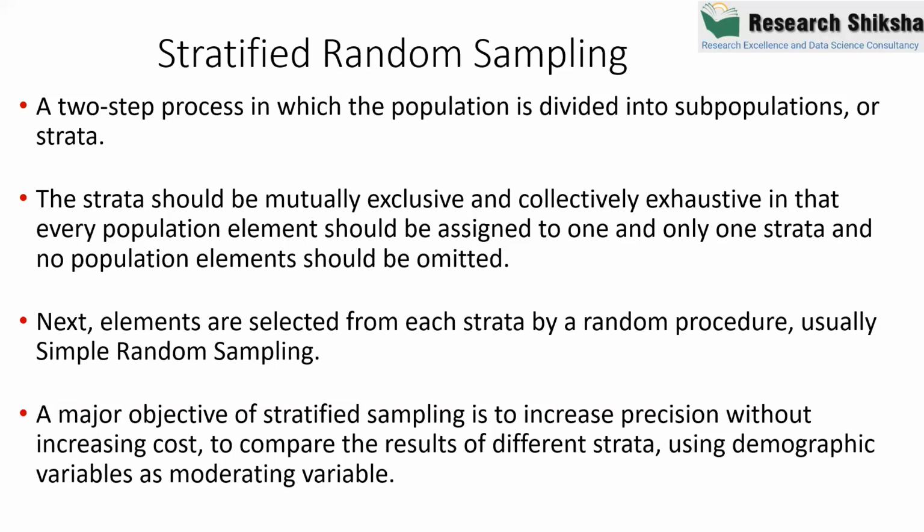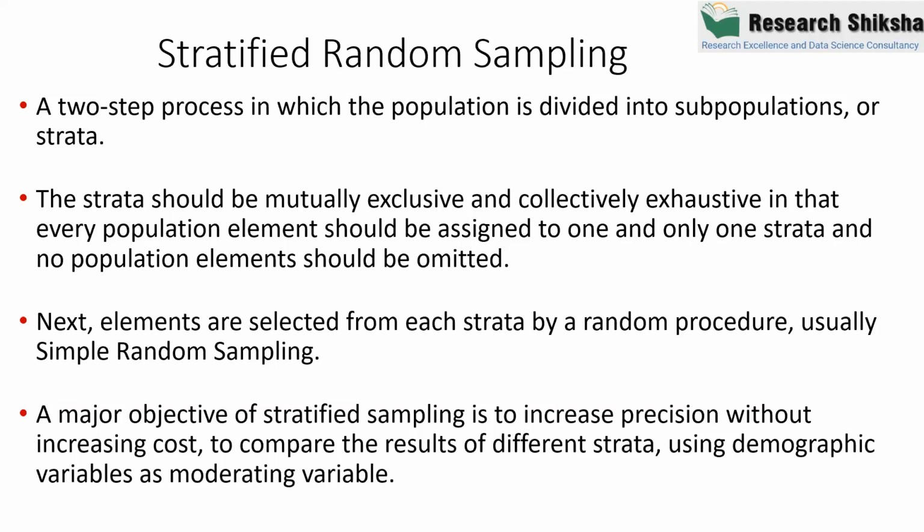Stratified random sampling has 2 stages. In the first stage, we divide the population into different subgroups, and then we apply some random sampling. So it is a combination of 2 stages: first, dividing the population into subgroups, and then going for random sampling, right? Normally we divide the population on the basis of demographic profile.